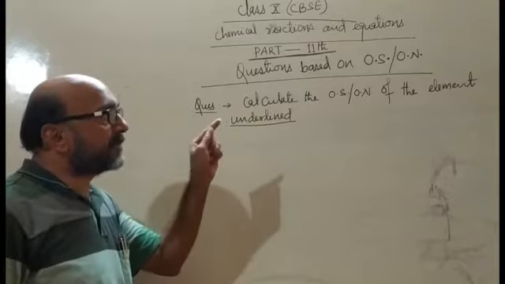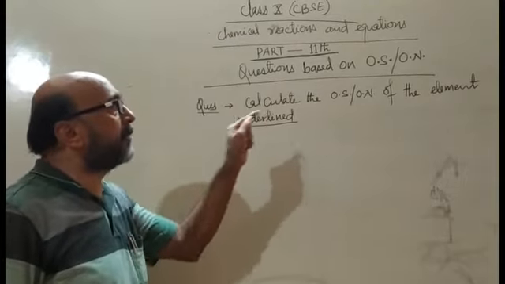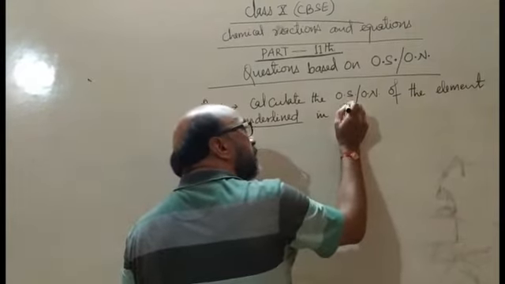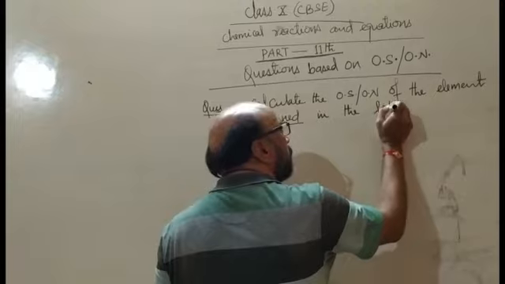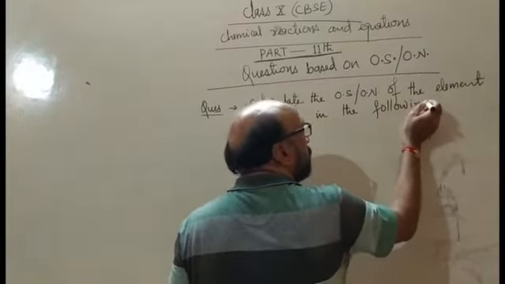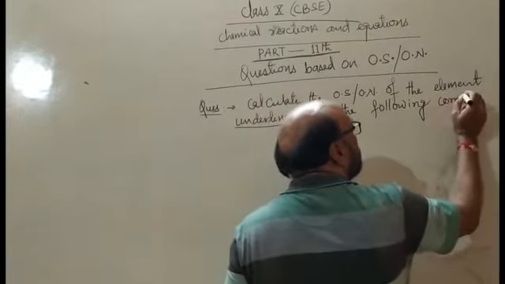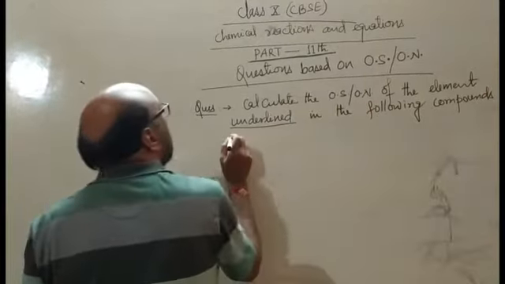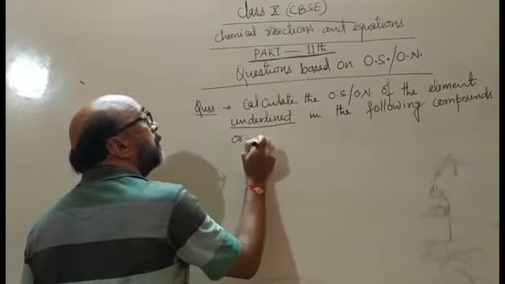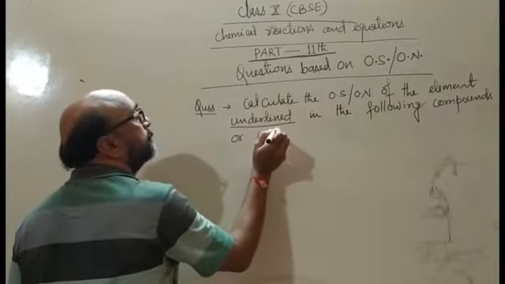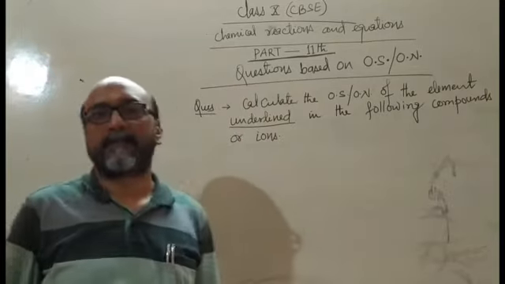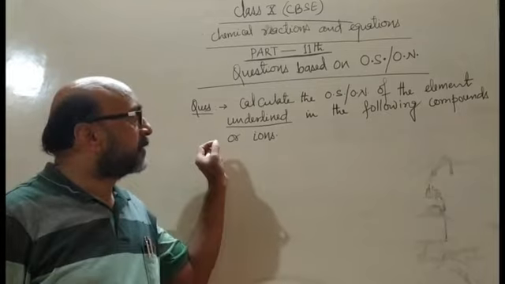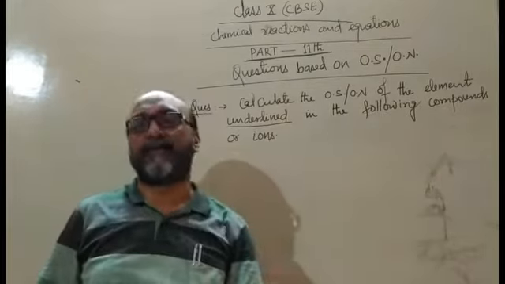Calculate the oxidation state or oxidation number of the element underlined in the following compounds or ions. Question is asked like this.